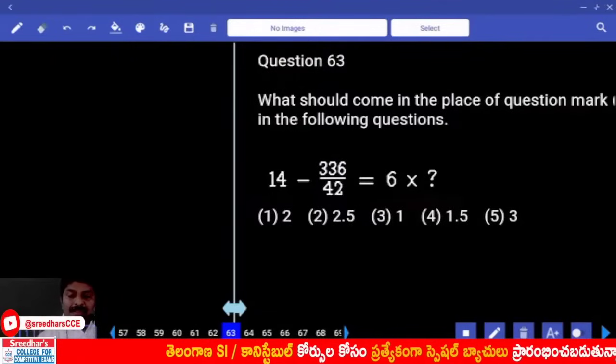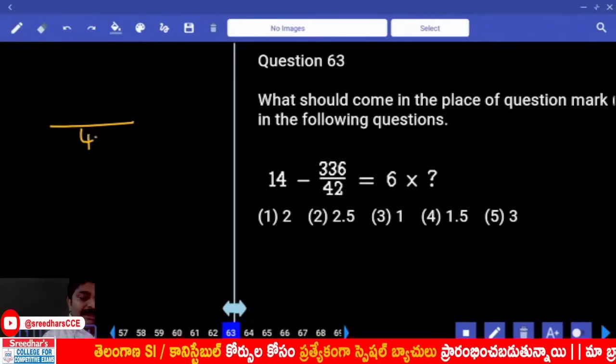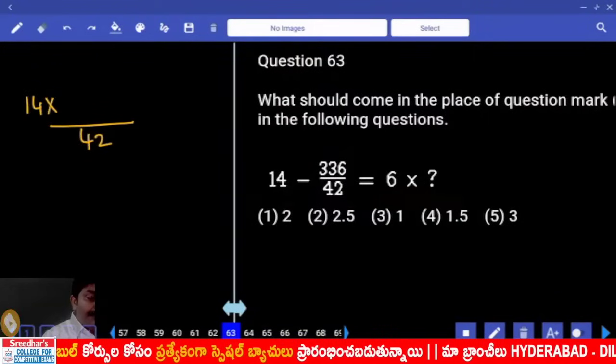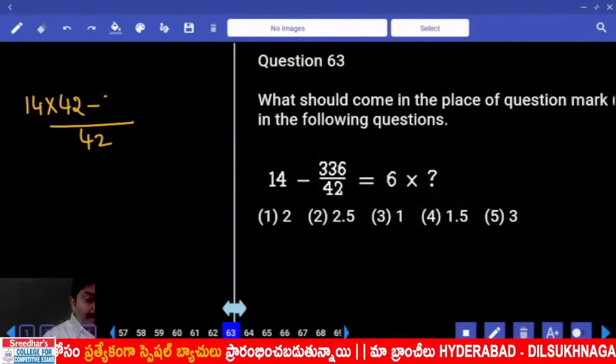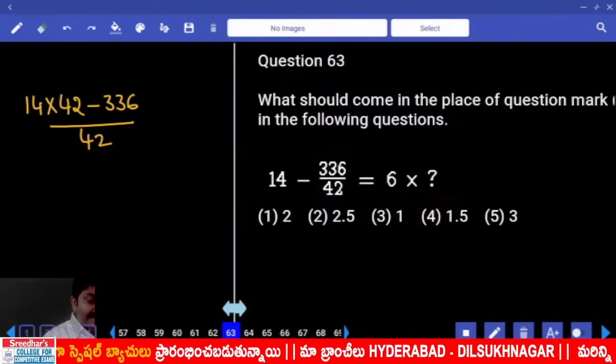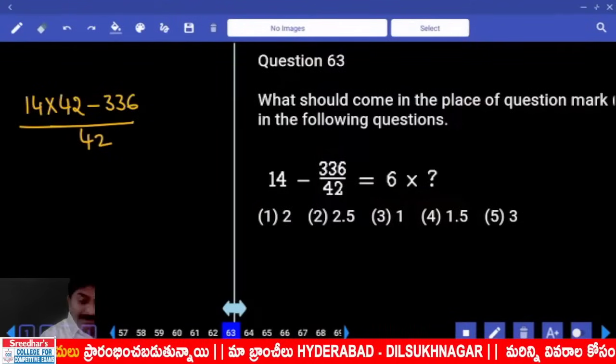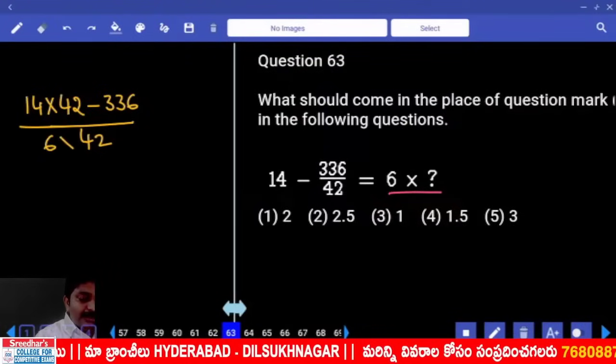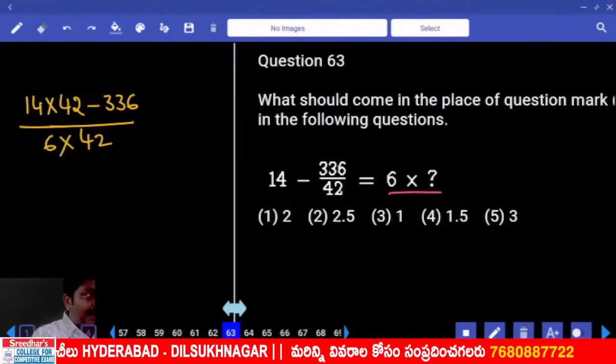Now, let me take 42 common in left hand side denominator. That becomes 14 into 42 minus 336. Correct? Which is equal to 6x only. Then x value is equal to this much. Got it?